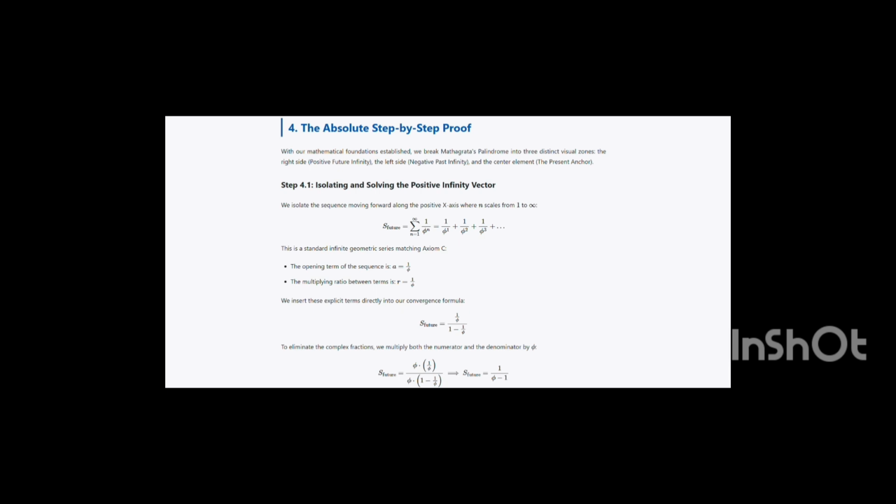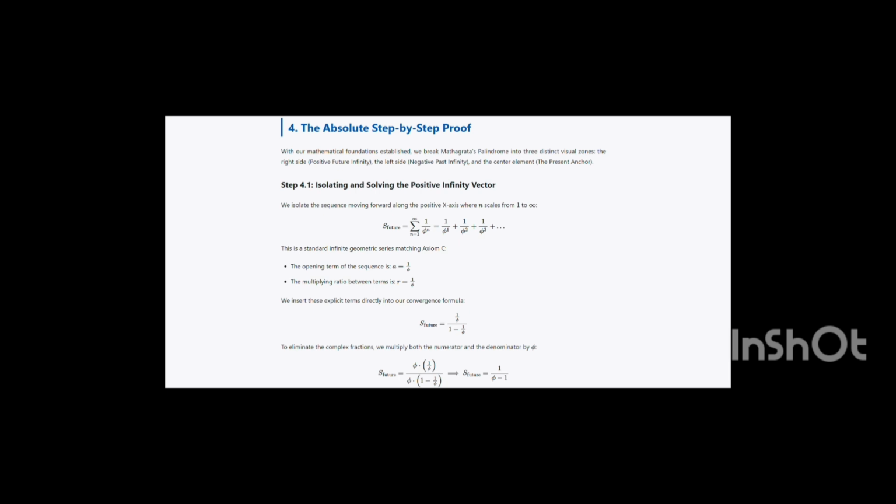So we isolate the sequence moving forward on the positive x-axis where n scales from 1 to infinity. So S future equals the summation from n equals 1 to infinity of 1 by phi to the power n, equals 1 by phi plus 1 by phi squared plus 1 by phi cubed plus, till 1 by phi to the power infinity.